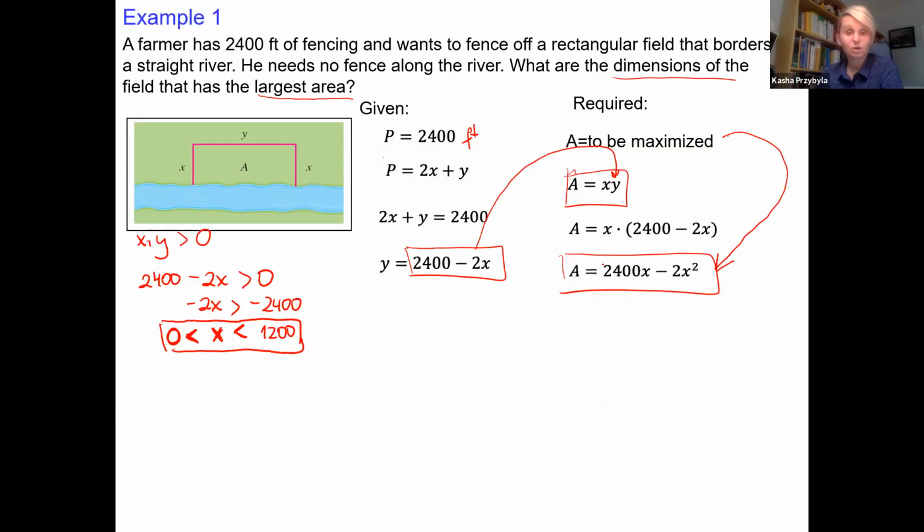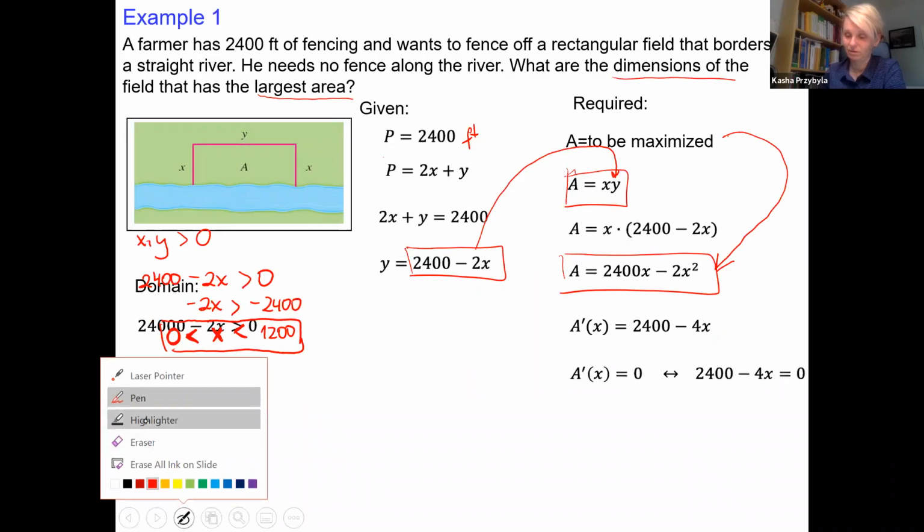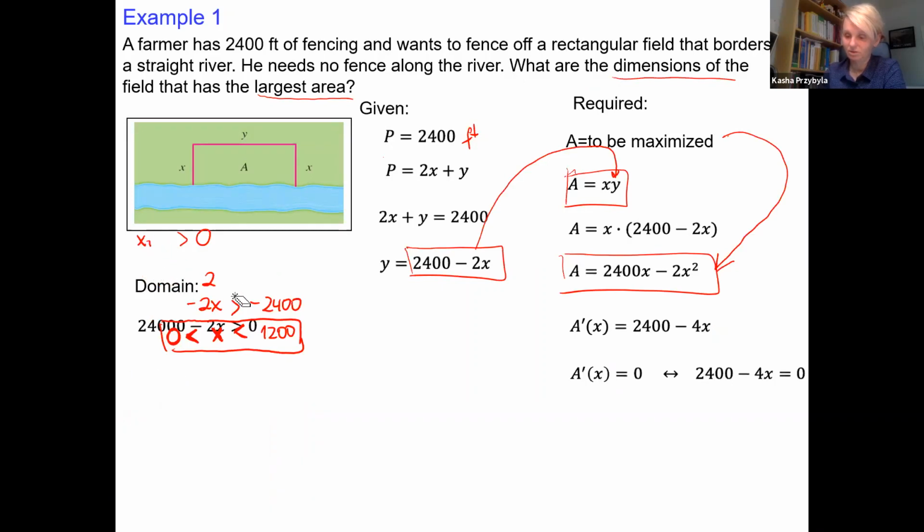Critical points, we remember. We need the derivative. Derivative is just 2,400 minus 4x, and derivative is 0. If 2,400 minus 4x is 0, then x, okay, now I do have it typed a little bit. Who can tell me the critical point?